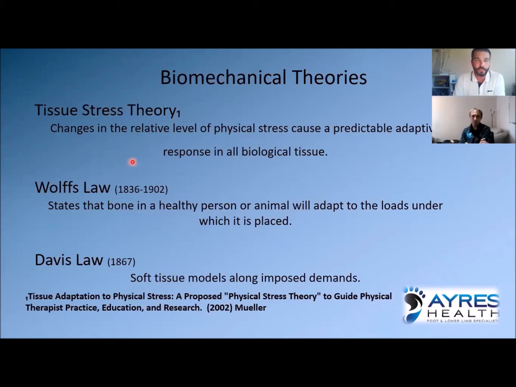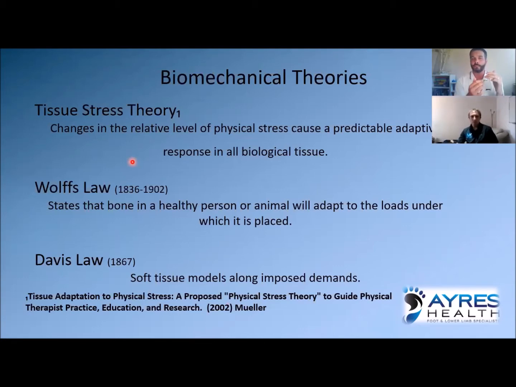The tissue stress theory basically says that if we change the forces that the body is subjected to, then the tissues within the body are going to adapt and change, and we can predict quite well how those tissues are going to change.